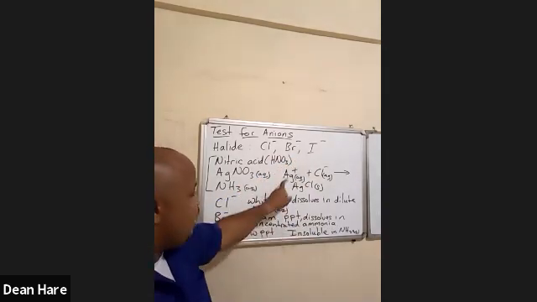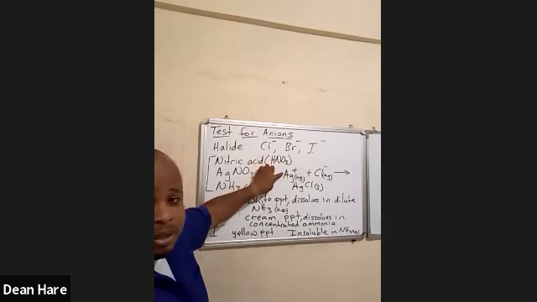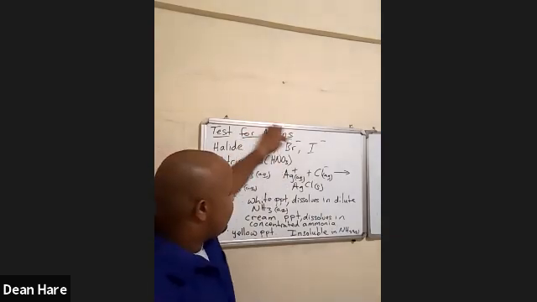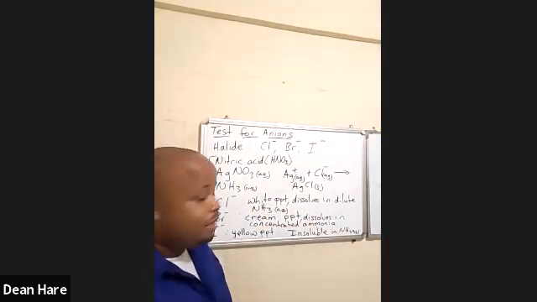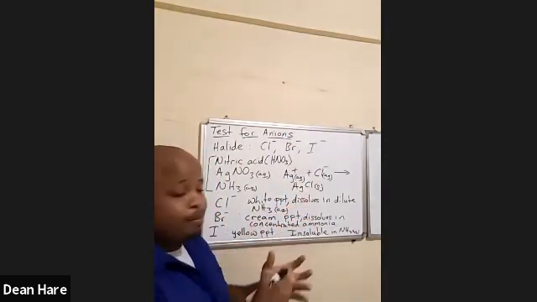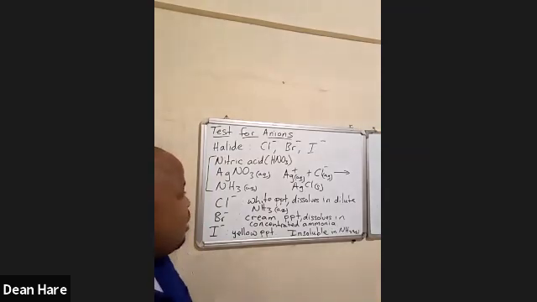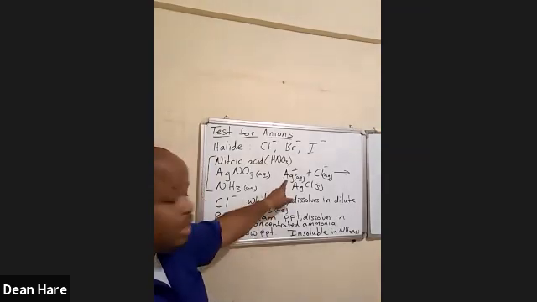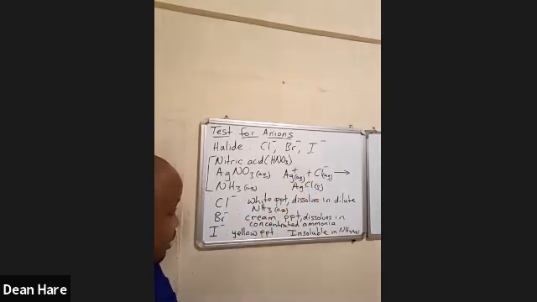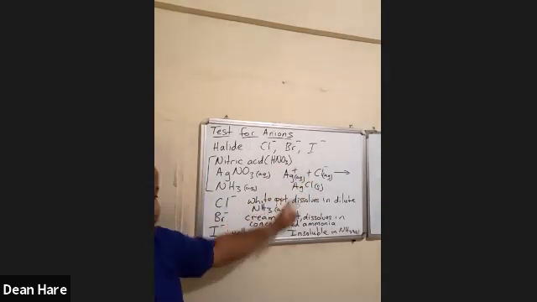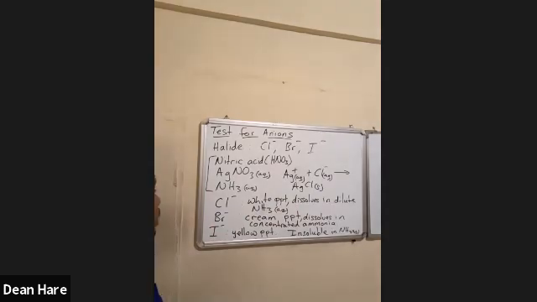So this is the ionic equation: silver ion with any of your halide ions gives the silver halide, whether silver chloride, bromide, or iodide. So if you're asked for an equation, this is the equation: silver ion plus the halide ion gives you the silver salt.